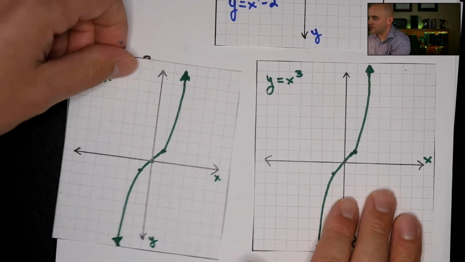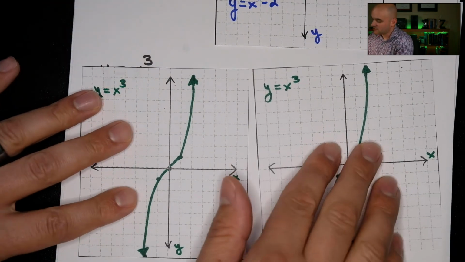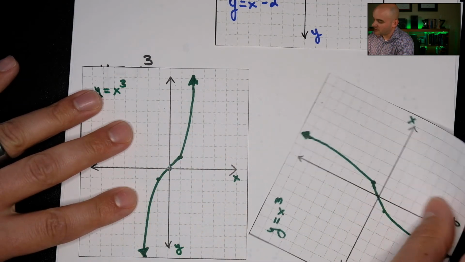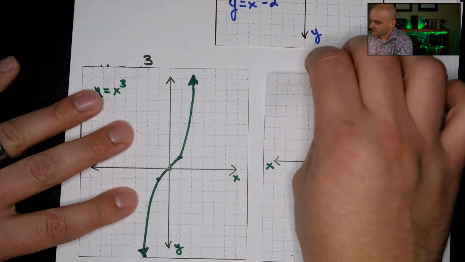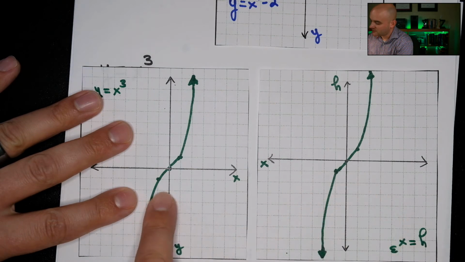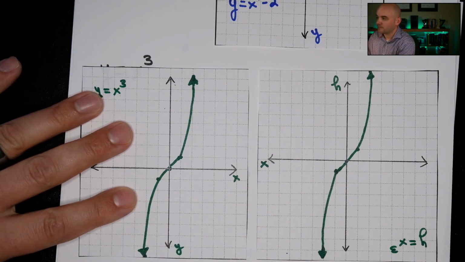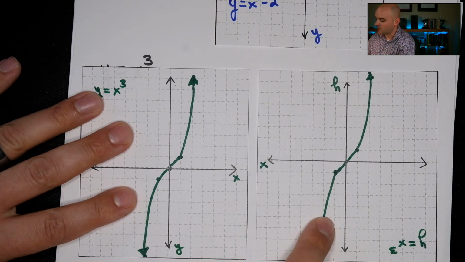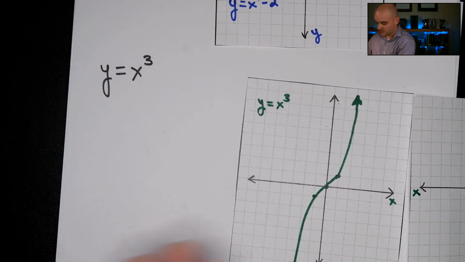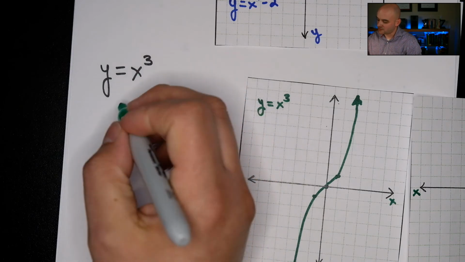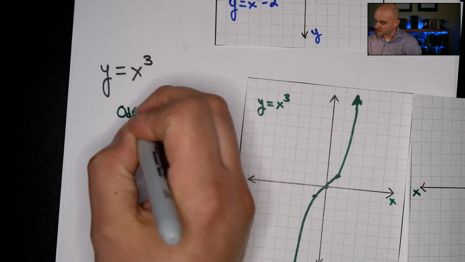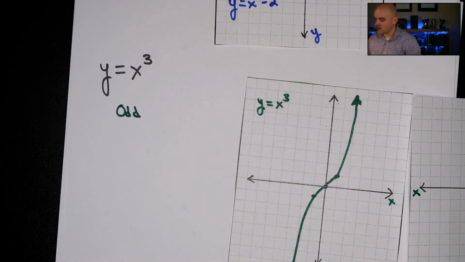I've got 2 of them. And I'm going to spin this one 180 degrees. And the question is, do these still look exactly the same? And they do. So this is considered an odd function. Okay? So if you can turn it upside down and it still looks like you just graphed it originally, it's an odd function.